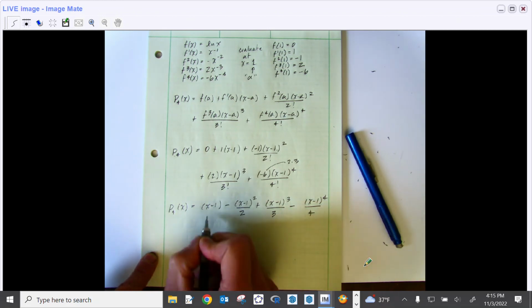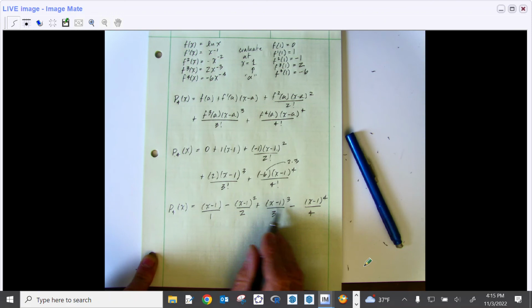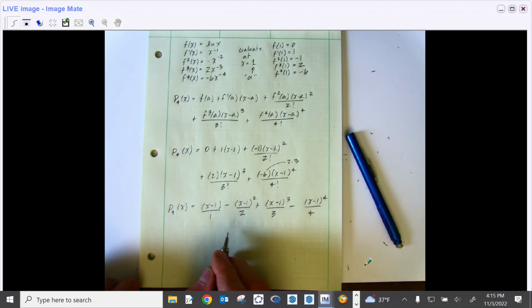And it looks like what's going on here is we get alternating powers of x minus 1 all over just 1, 2, 3, 4, and so on.